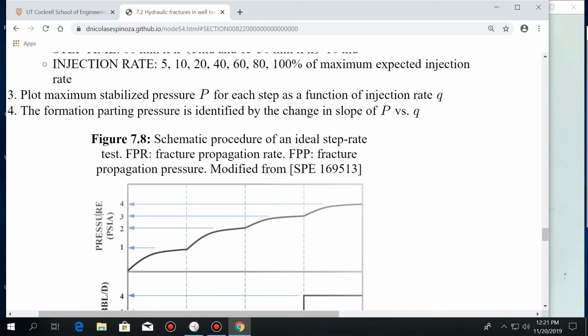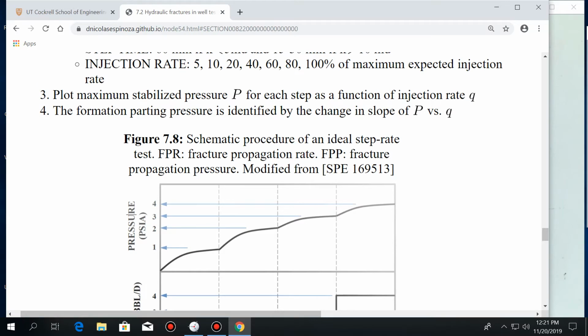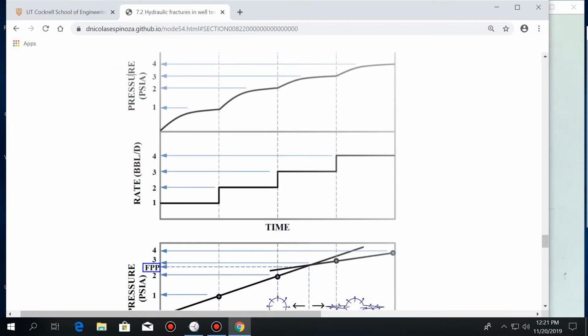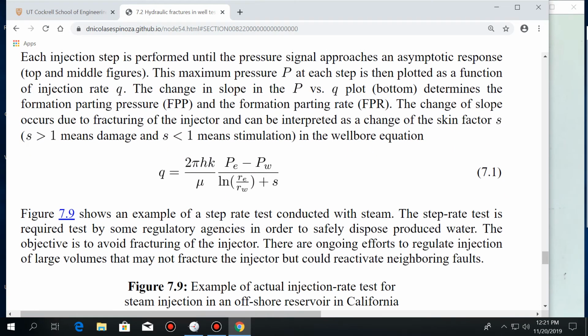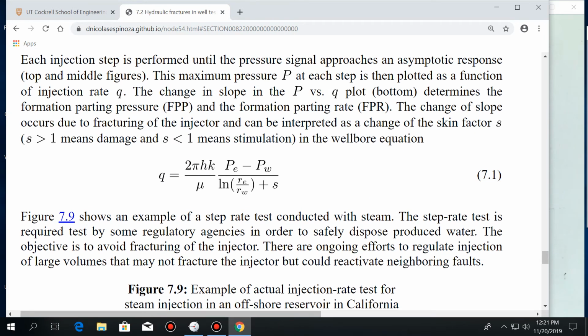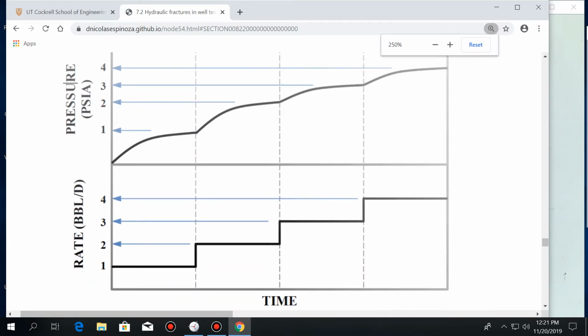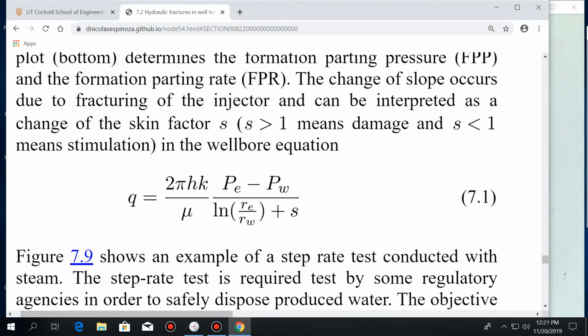And here you have a little bit more detail about how this method works. And, oh, very important, I didn't write this, but what is the difference in this equation when you have a fracture and when you do not have a fracture? Where would that go in the equation?